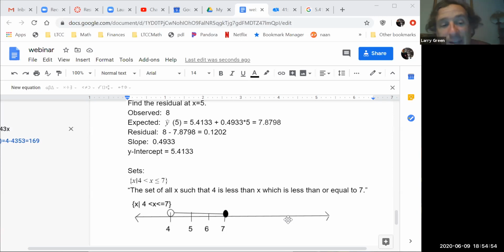So I just wanted to remind you how you draw these things. If you're given a set notation, how do you draw a picture of it? And that's how I draw a picture of it. Any questions on that? All right. So that's pretty much how you do it, and that's how you read it. Just remember the main new thing is this little vertical line segment means such that.